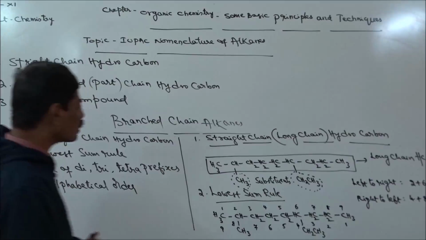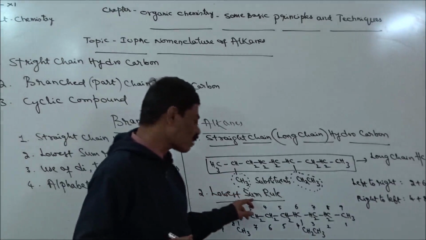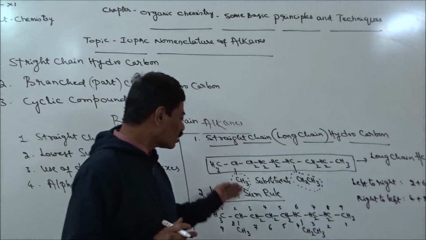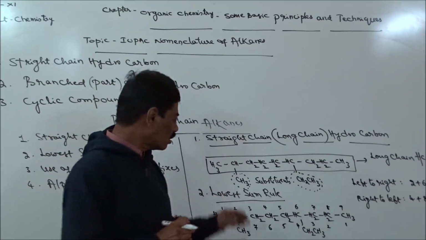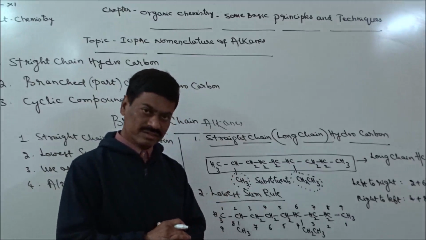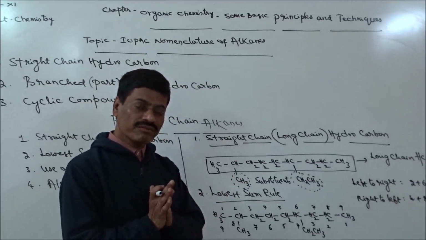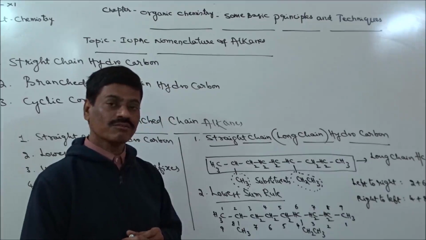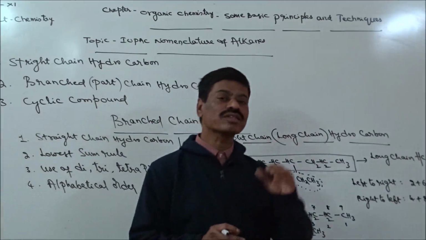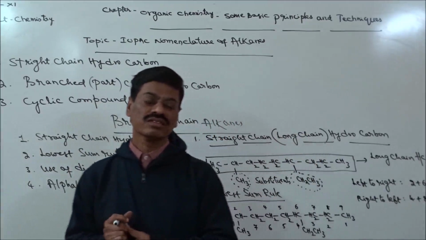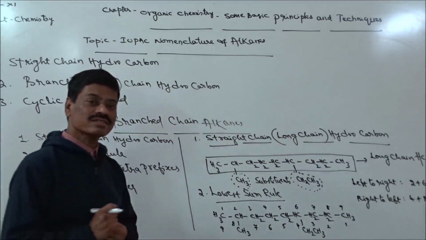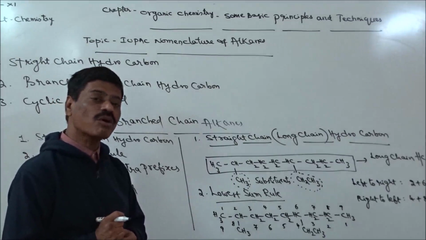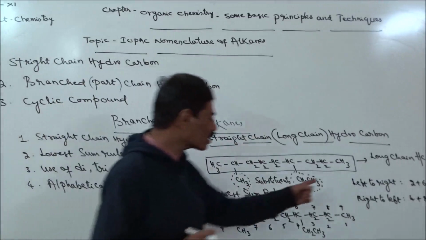So what the lowest sum rule states is sum, S-U-M, addition. What this rule says is whenever numbering is done in two directions, provided there is more than one substituent, then we have to take the sum of the positions of those substituents in both directions, left to right and right to left.